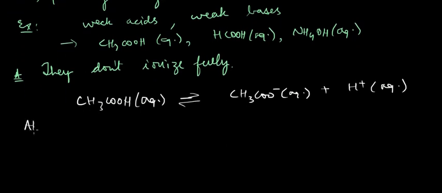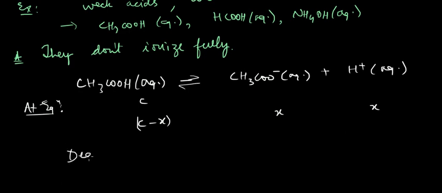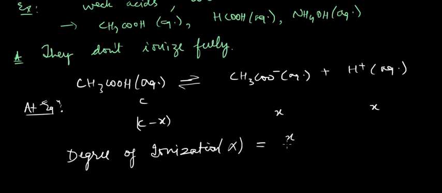At equilibrium we would have C minus x concentration of this, where the initial concentration was C, and x concentration of both CH3COO- and H+. So degree of ionization, or alpha, can be said as x upon C.